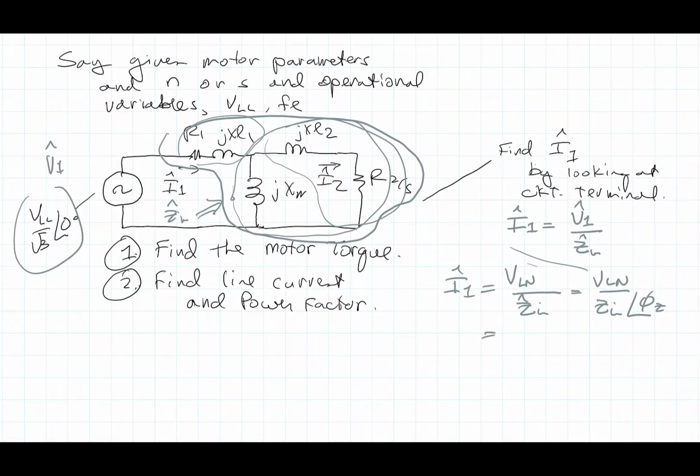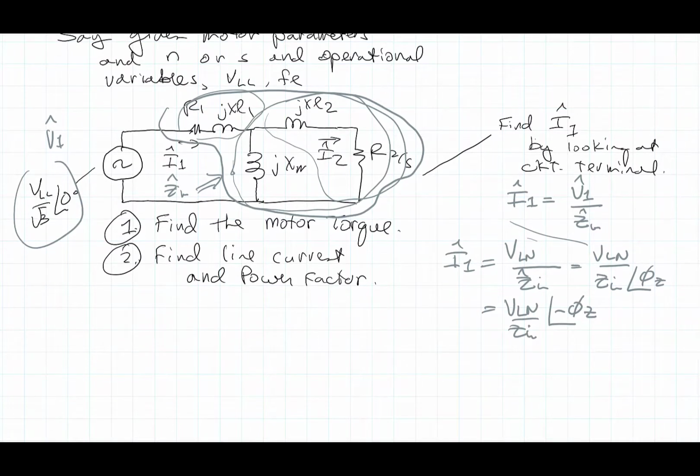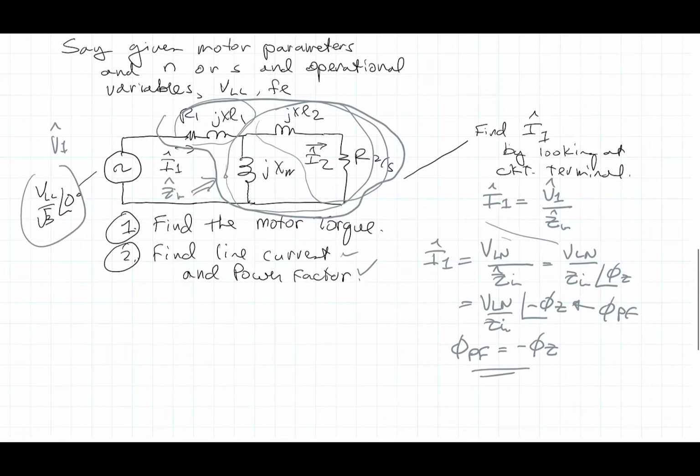This goes back to the very first week of class. It's going to be V line-to-neutral over the magnitude of Zin, at minus the angle of the input impedance, and remember that the power factor angle is equal to the negative phi z. So this is the power factor right here. You've actually had to find these things first in order to solve this problem.